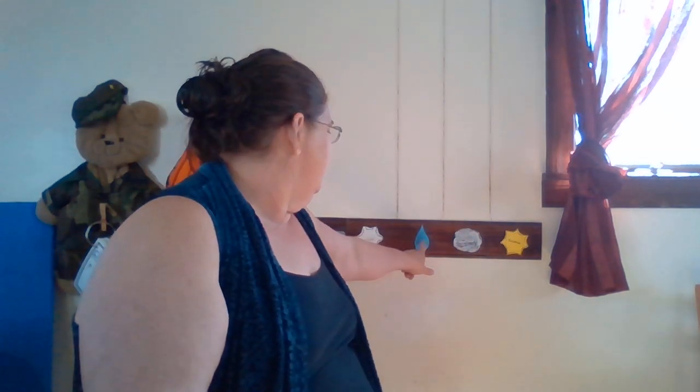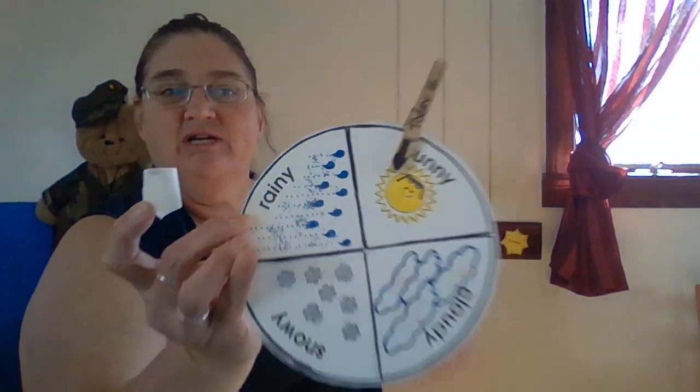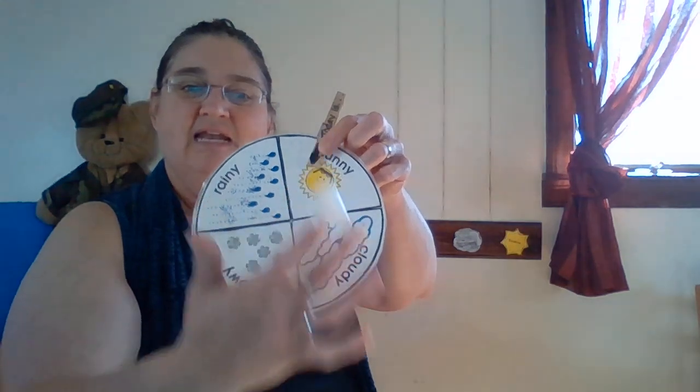The axis? I don't know. But down here are all the different weathers we're going to choose from. Sunny, cloudy, rainy, snowy. Those are all the choices we have over the next few weeks on my weather chart. See, rainy, sunny, cloudy, snowy.